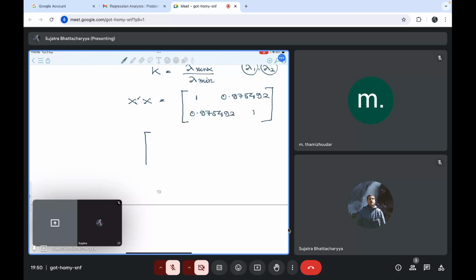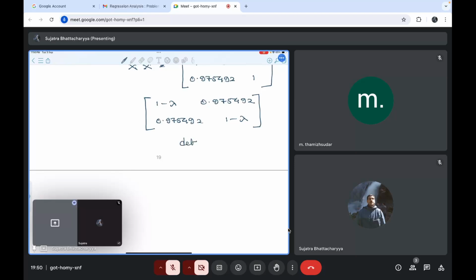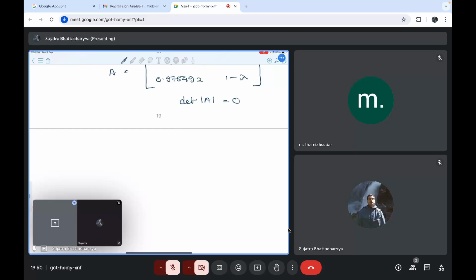I know this is the way we generally calculate the eigenvalue. Let's do it because it's a 2 by 2 matrix, easier to calculate. 0.975492, 1 minus lambda. And this determinant has to be 0. Determinant of this A, suppose, has to be 0. So we have 1 minus lambda whole square minus R12 square actually, 0.975492 square.